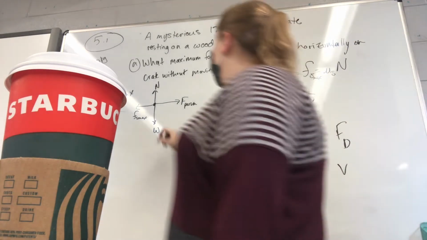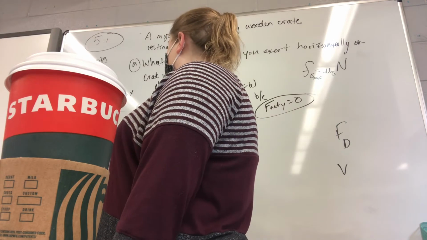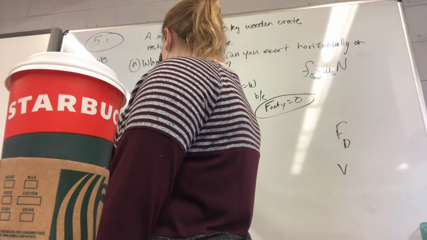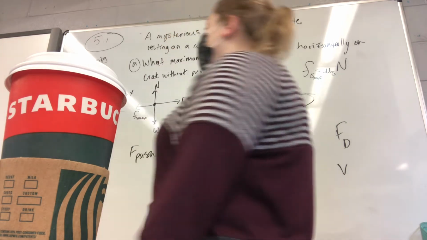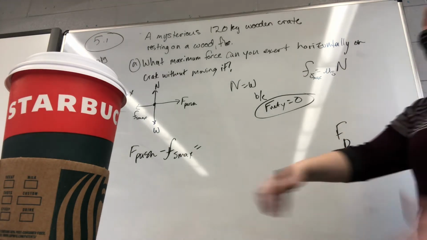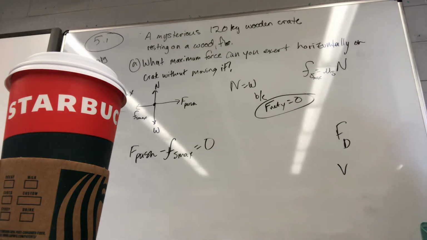All right. What else can we assume? That F push minus F max equals... What do we think? Is the system moving? No, 0. Our goal is to keep the box from moving, so the net force should be 0. Right, because we're trying to figure out the maximum static friction.